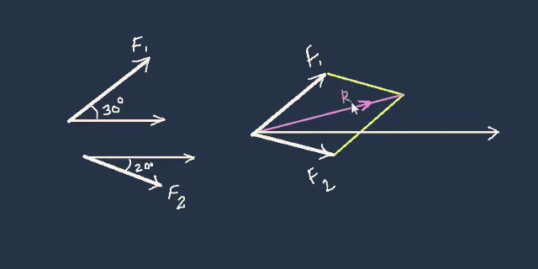So this will be the resultant of force vector F1 and F2. And the angle of the resultant you can find by measuring the angle the resultant makes with the x-axis. And the magnitude will be the length of the resultant.